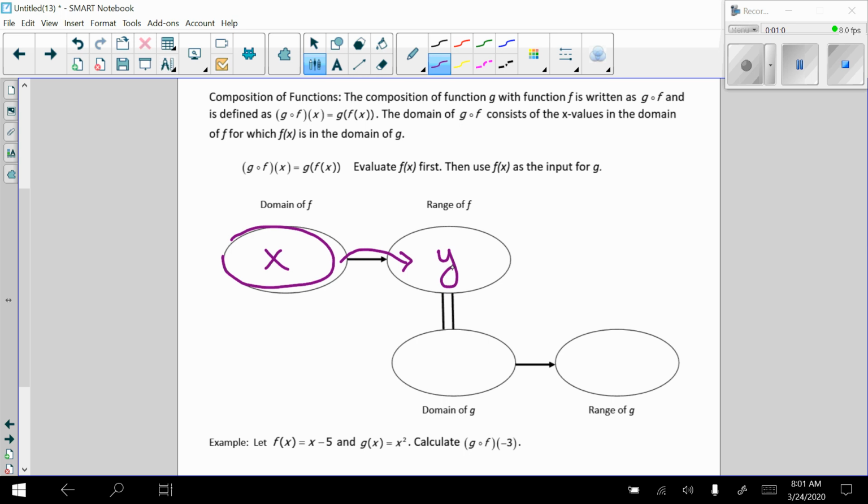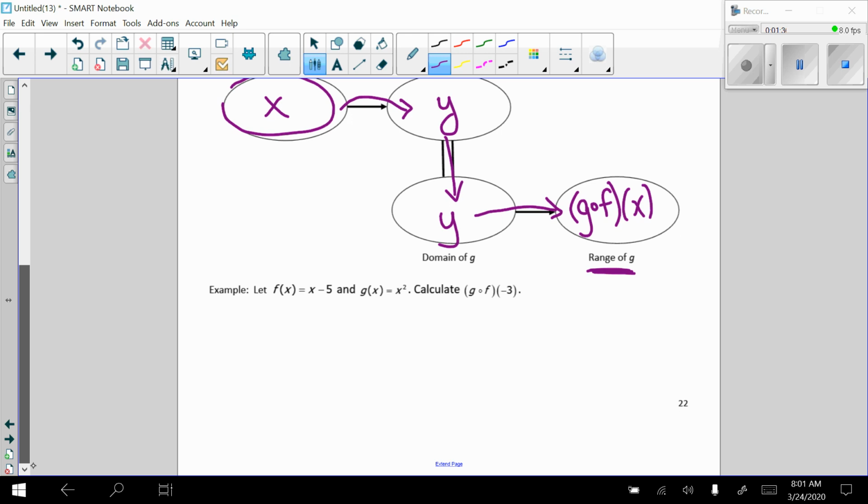We take that height, whatever that number happens to be, and we substitute it in for the x value of another function, and that will then give us what we call g of f of x, which is the height of that second function. That might seem really confusing, so I think the easiest way to learn this is to do one.